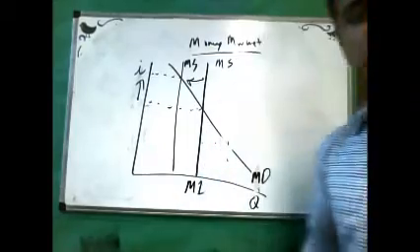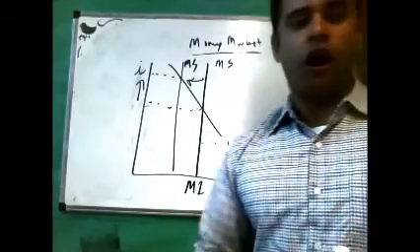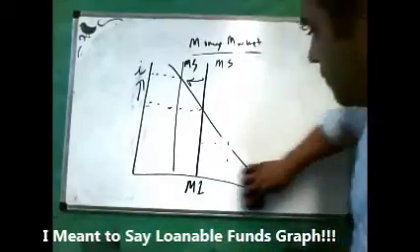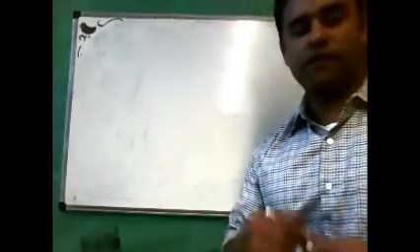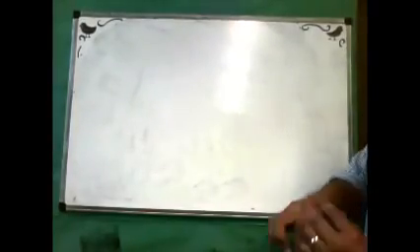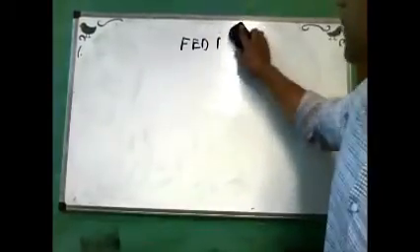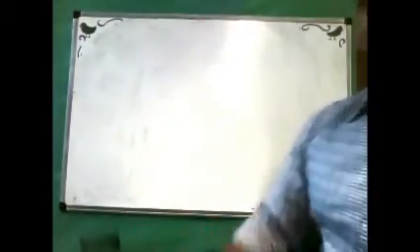Now, let's go ahead and put monetary policy on one of the graphs we already know, which is the Fed funds graph. I'm sorry, it's not the Fed funds graph. It's the loanable funds graph.